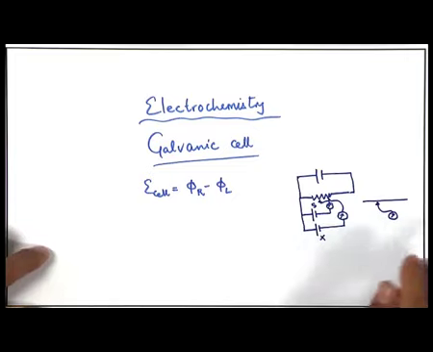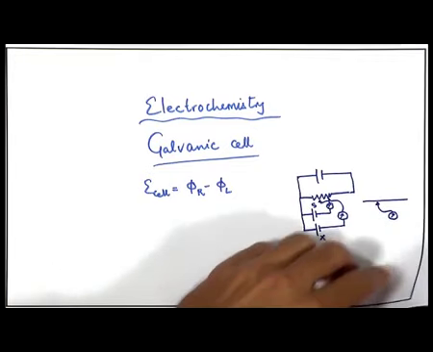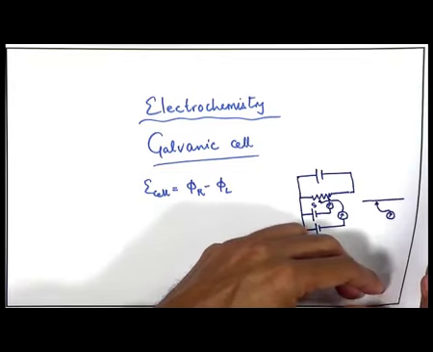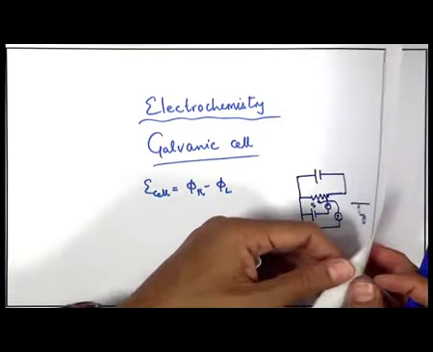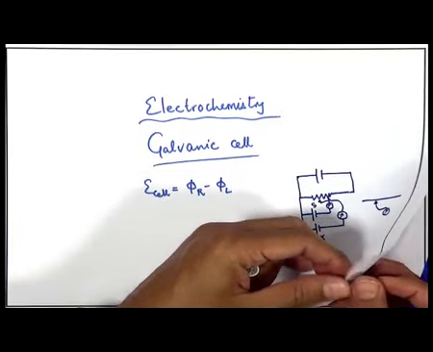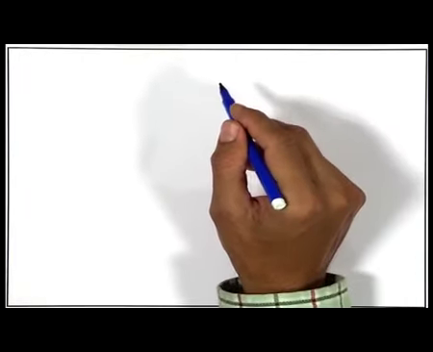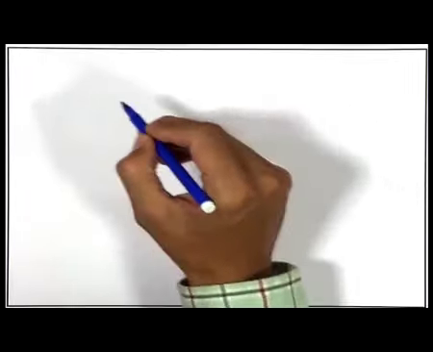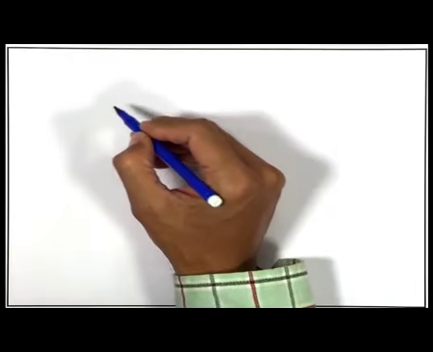So, let us take one example for a given chemical reaction. How can we represent the corresponding galvanic cell?